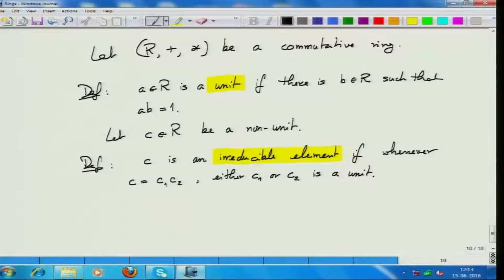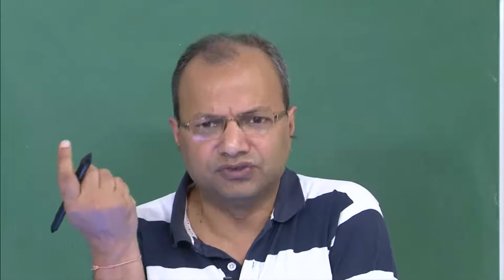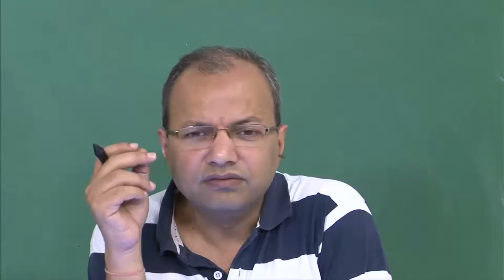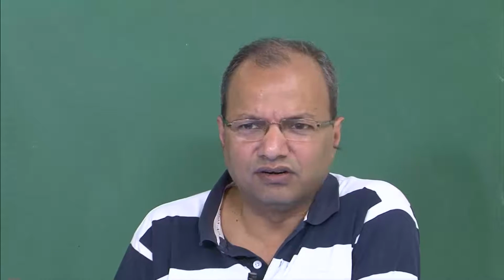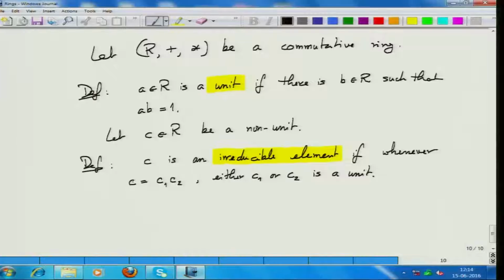Basically, in the integers case, there are 2 units, 1 and minus 1. If the ring has no other unit, then this definition is the same. Calling it a unit or calling it 1 or minus 1 is the same. But if the ring has units other than 1 and minus 1, then we must use this definition. Otherwise, I can always take any C and write it as C times AB, where A is a unit.